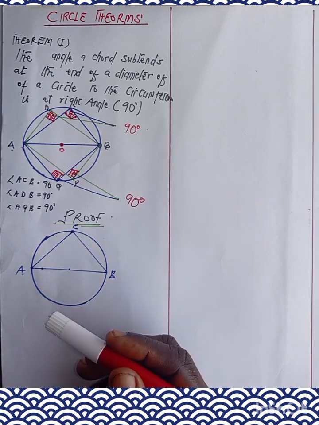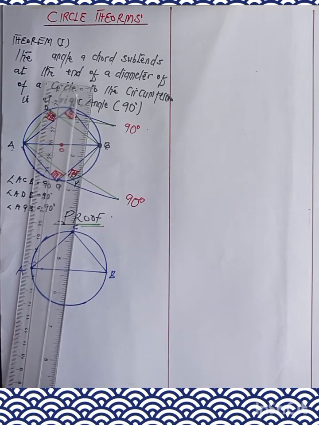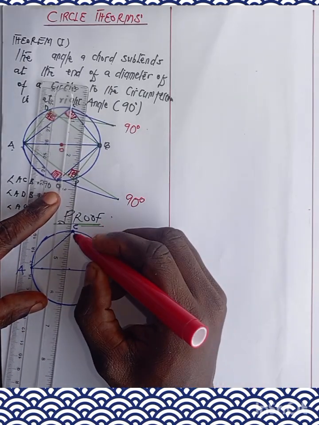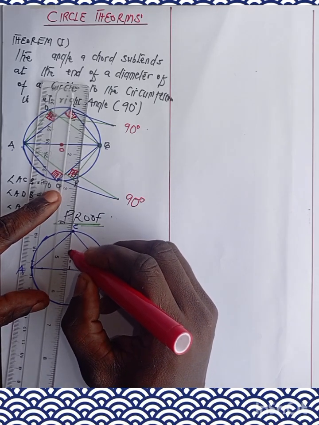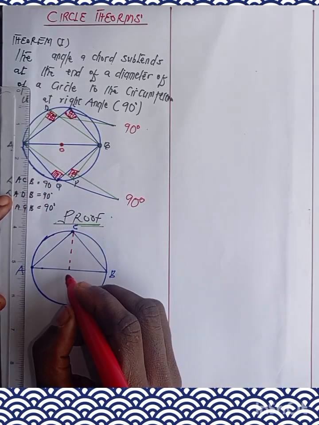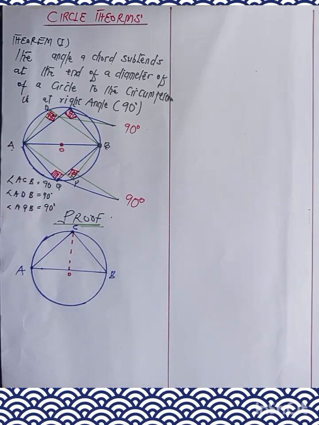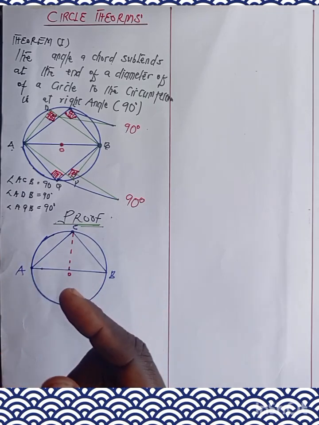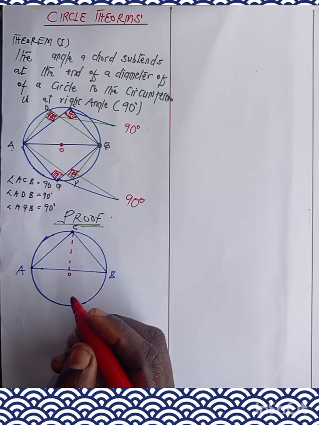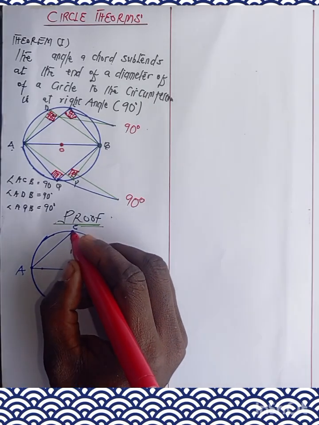So we can decide to draw a line from the center to C. So let's call this the center, O. Now we know that a line from the center to any point on the circumference is called what? The radius. So it means that from this center here to C is what?